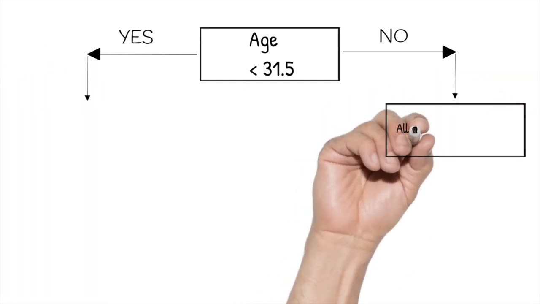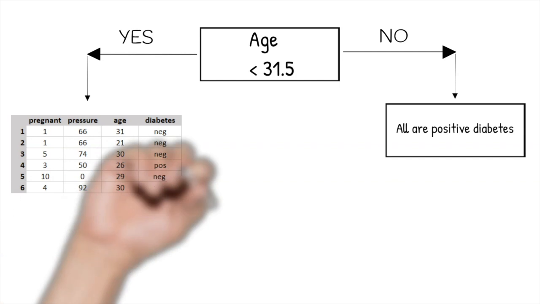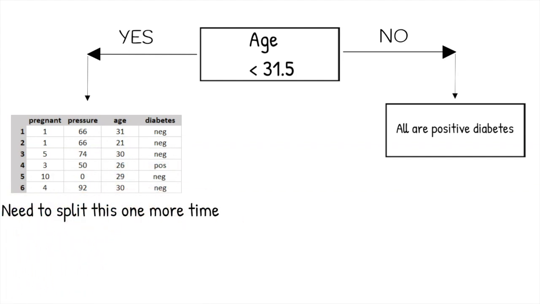On the right-hand side, where the answer was no, meaning the observations were older than 31.5, all the observations are positive diabetes. On the left-hand side, where the answer was yes, meaning the observations are younger than 31.5, we have another smaller data set, a subset from our original data set.